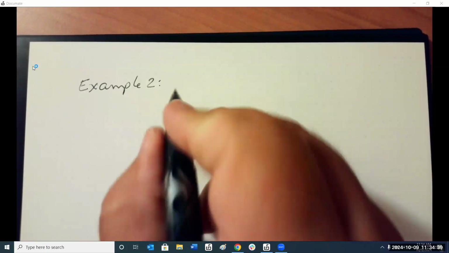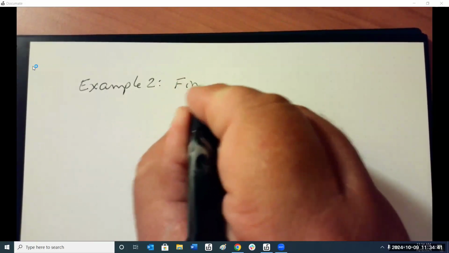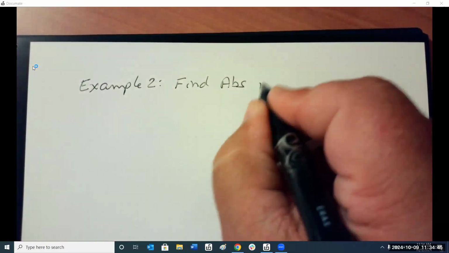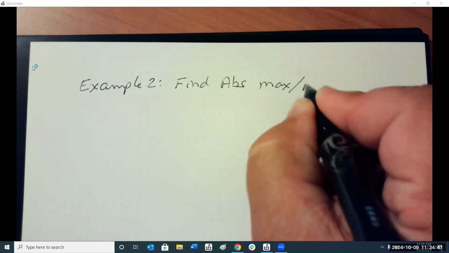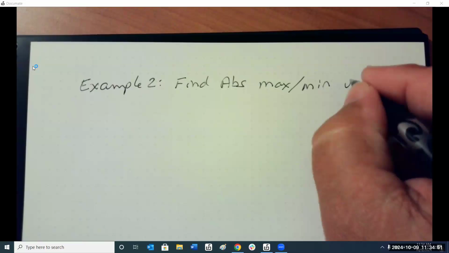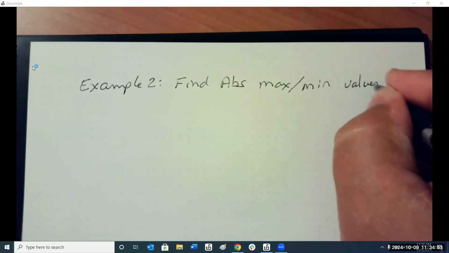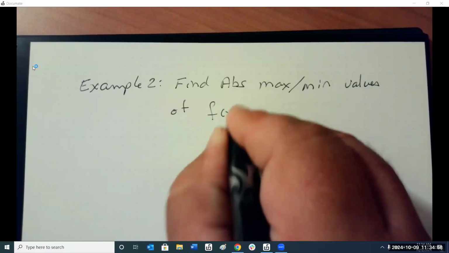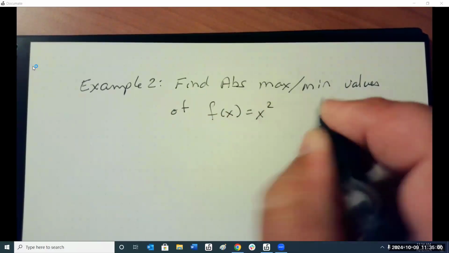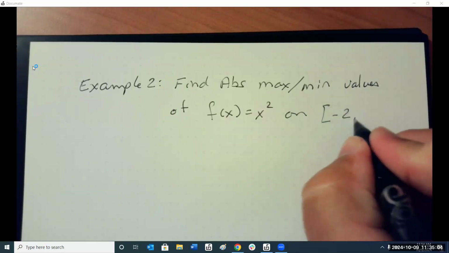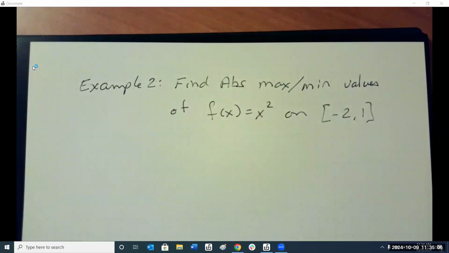Find the absolute max and min values of f of x equals x squared on the closed interval [-2, 1].